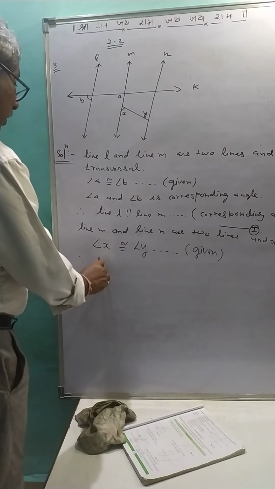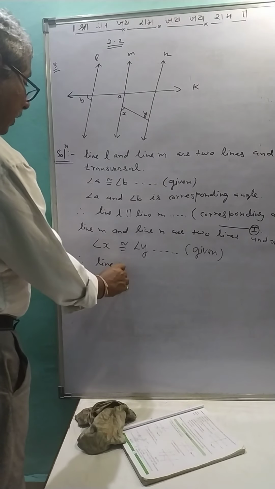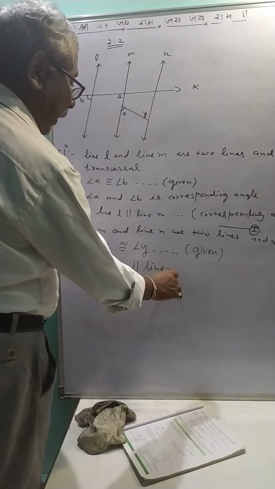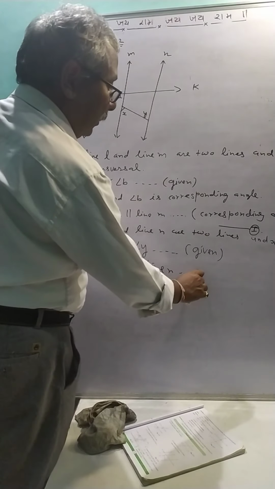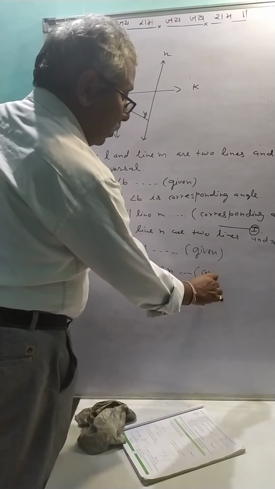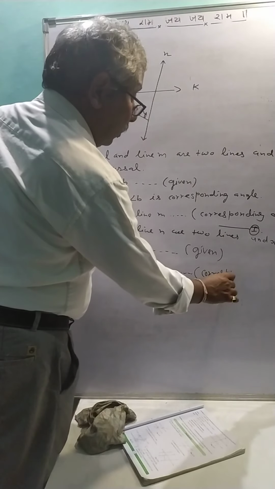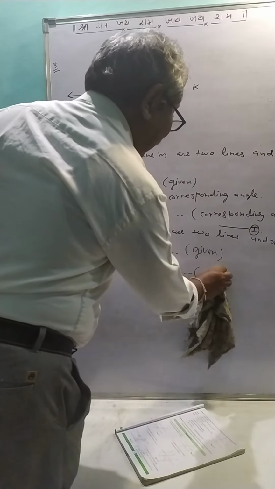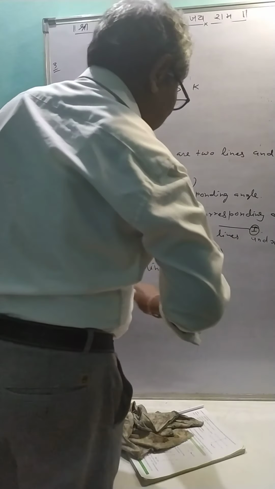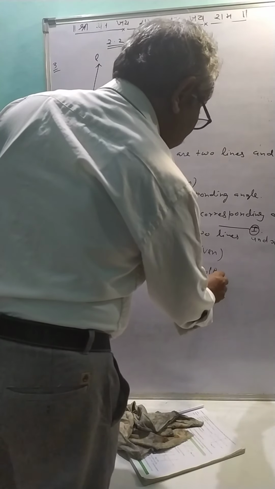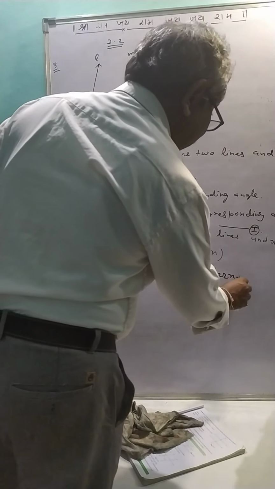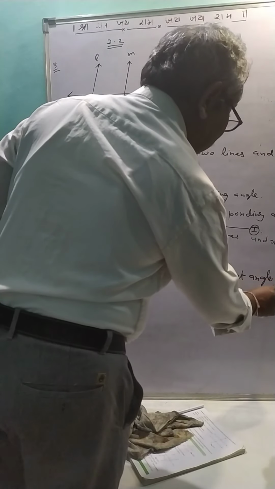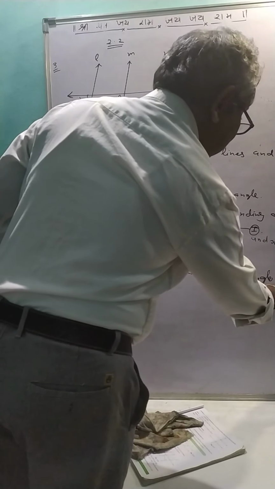Therefore, line M is parallel to line N by the alternate angle test.